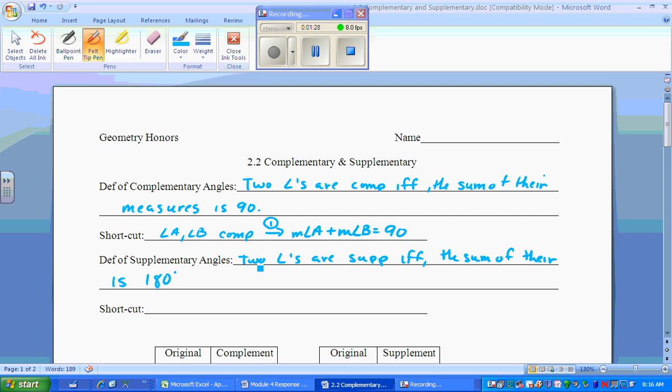Same idea, only allowed to have two, not three, not four, only two are allowed to be supplementary. The shortcut in a proof like that would be A and B are supplementary, then the measure of A plus the measure of B is equal to 180.